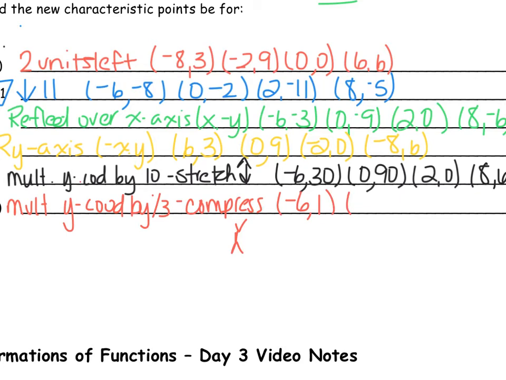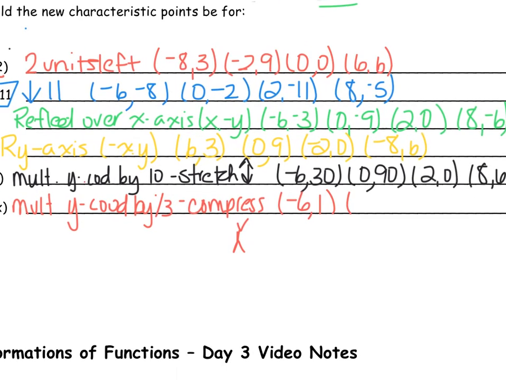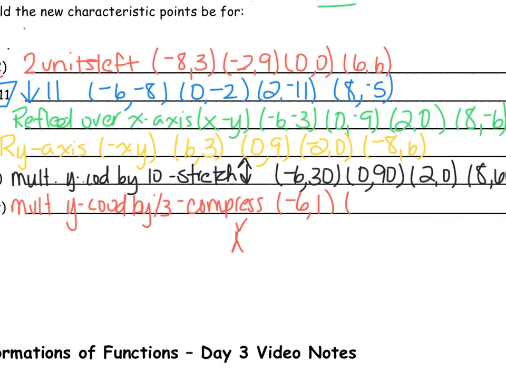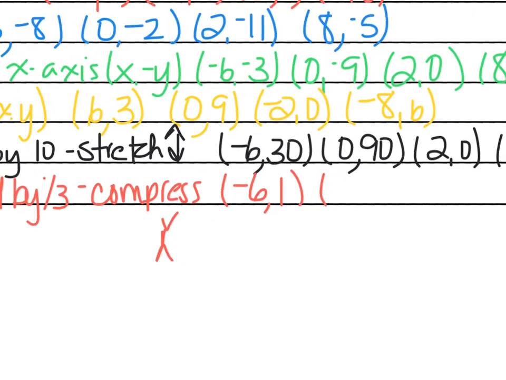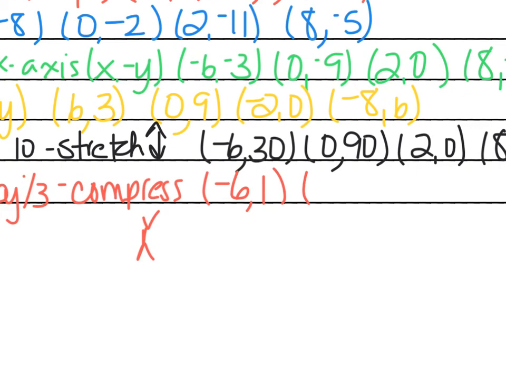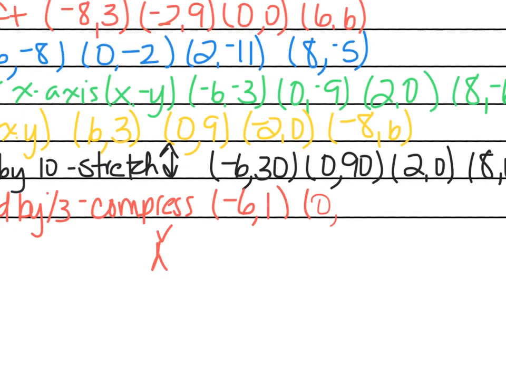So for the point 0, 9, we get a vertical compression, and again, 9 times 1/3 is 3. For the third characteristic point 2, 0, again, that one's going to stay the same because 0 times 1/3 is 0. And then we get 8, 2, because 6 times 1/3 is 2.